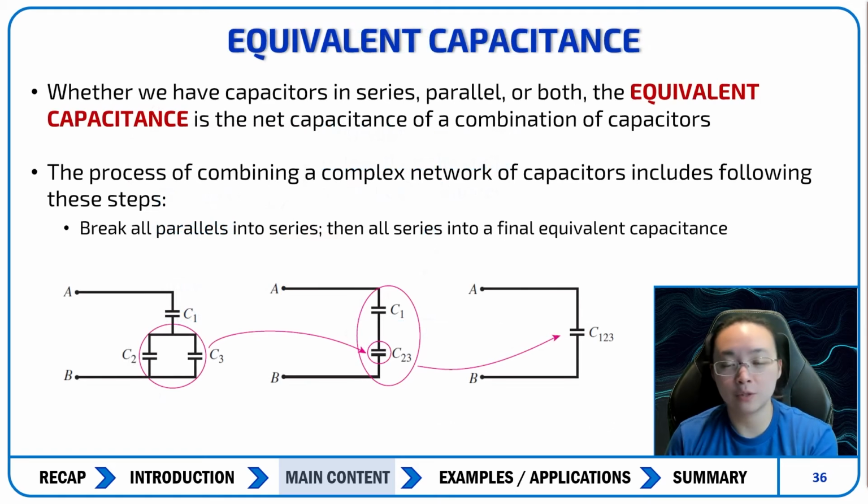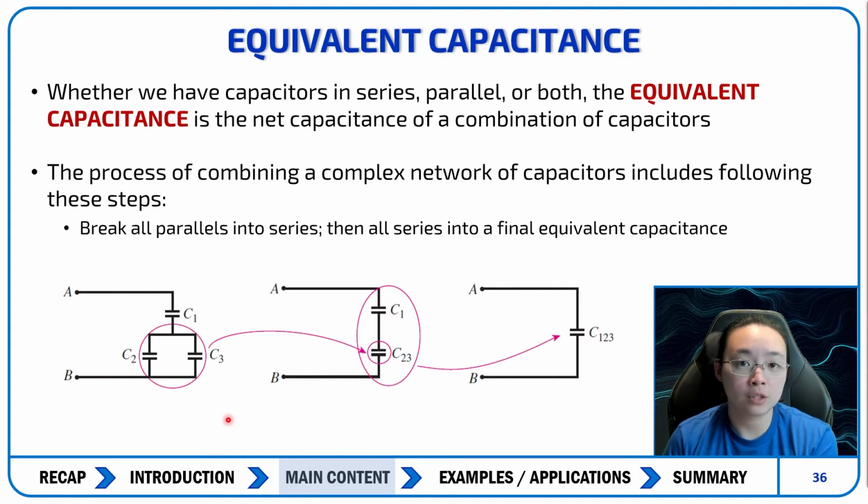So what am I referring to when I talk about equivalent capacitance? It's the process of essentially dumbing down a circuit diagram so that if you have multiple capacitors in different configurations, you eventually end up with one capacitor. So you can always combine a complex network of capacitors. We start off here with the complex network. We have C1, C2, and C3.